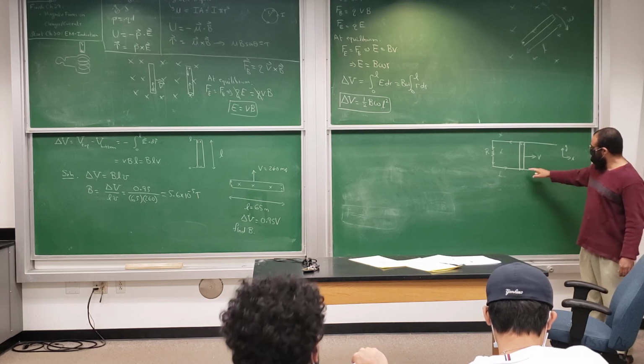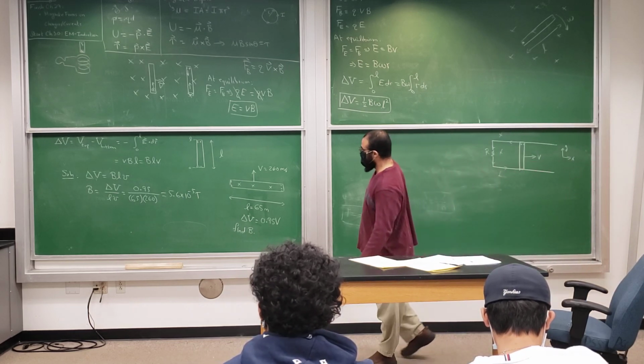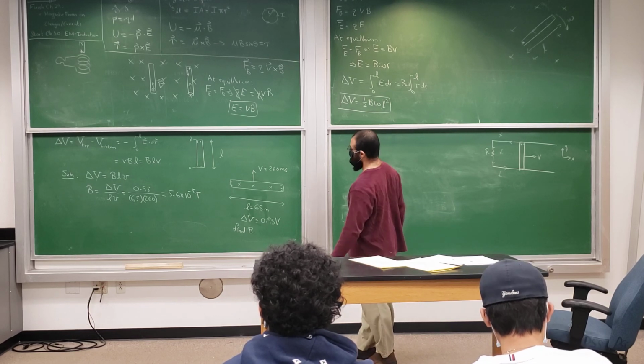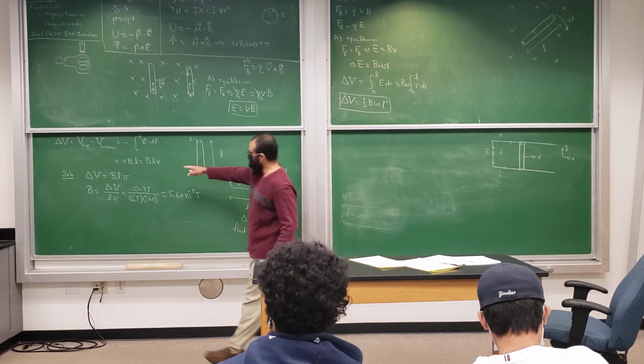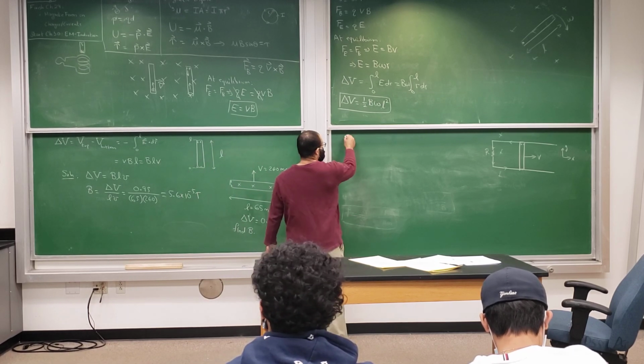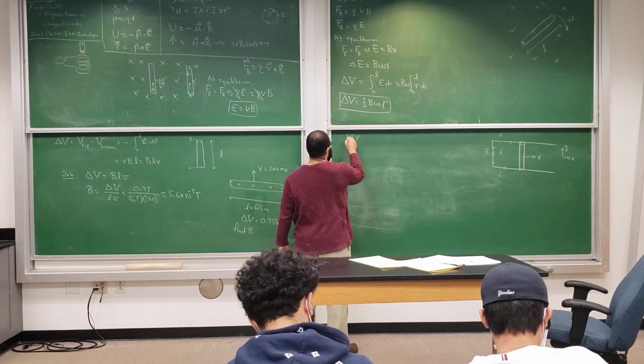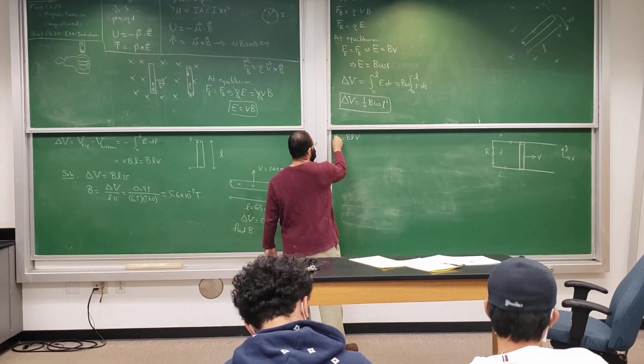What's the potential difference between this end and this end? We just did it. It's BLv. So there will be a potential difference, B times L times v. I'm going to call it the EMF.